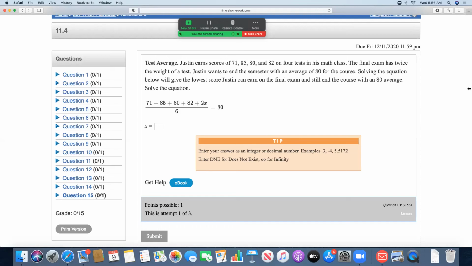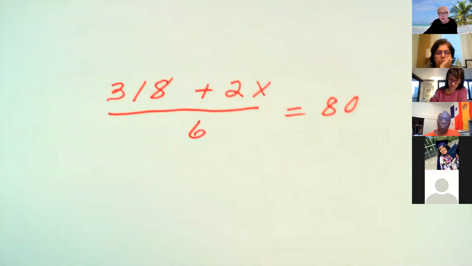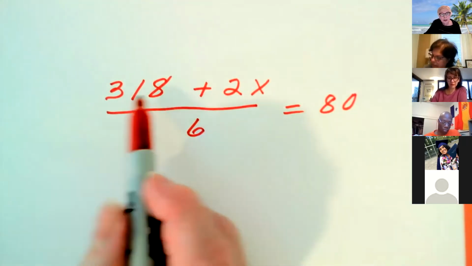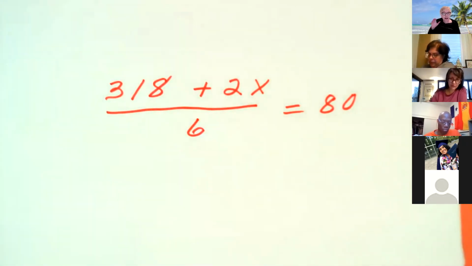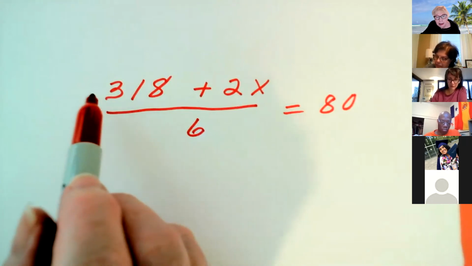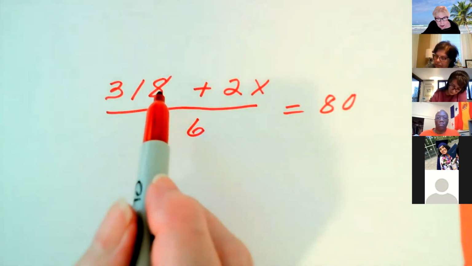Okay. So I'm showing you what I'm going to do. What I did was the 4 numbers, the previous 4 tests, I added it up because step 1 is always to make it as simple as possible. And so those 4 numbers added to 318.